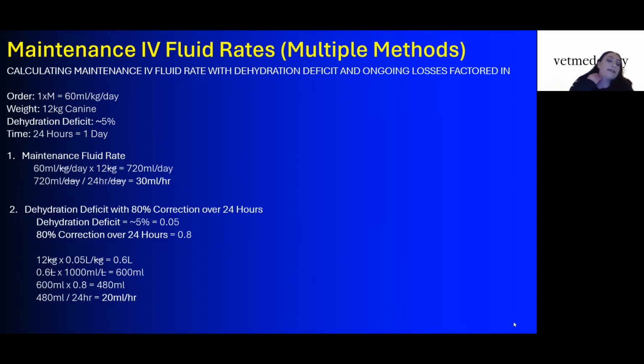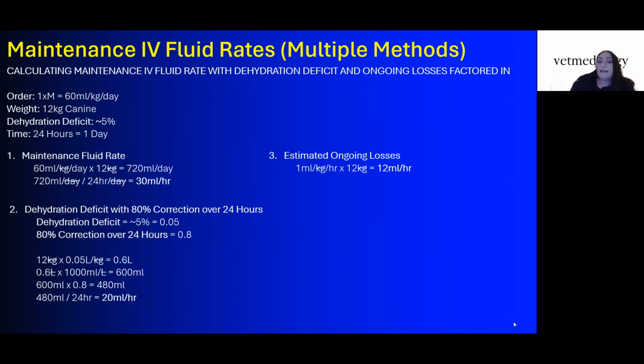So 0.6 liters times 1,000 mL per liter is going to give us 600 mL. So 600 mL times 0.8, which is the 80% correction, is 480 mL. So 480 mL divided by 24 hours equals 20 mL an hour.